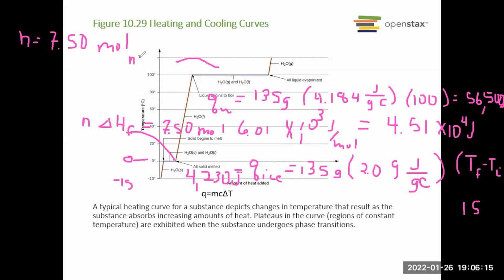So again, that's going to be n delta H_v, which equals 7.50 times the heat of vaporization, which is 44.01 kilojoules, so 4.401 times 10 to the 4th joules per mole.